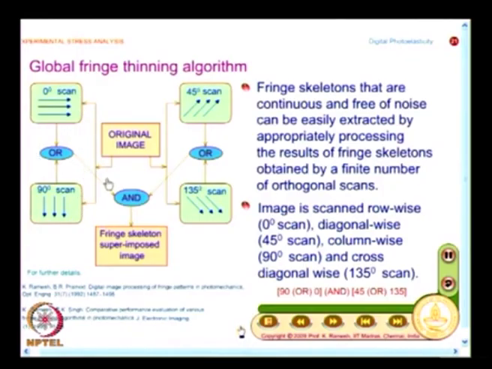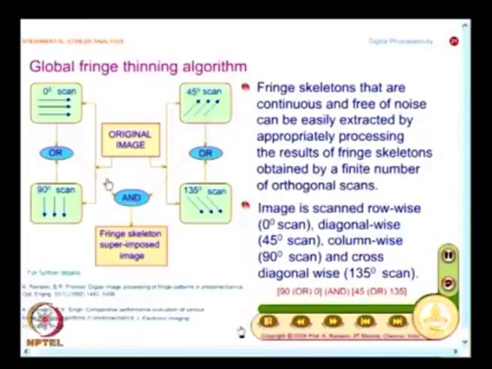So, when I do the AND operation, we retain only the fringe skeleton and the noise is eliminated. This is the greatest advantage. So, the whole procedure can also be simply labeled as 90 or 0 and 45 or 135.